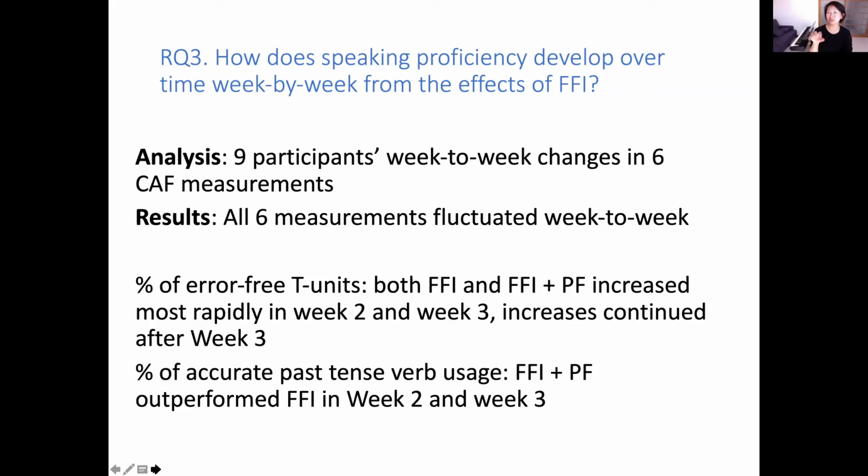I basically chose the average participant from each group, because if I chose the very top performing participant, the way they improve is probably different from participants who are not improving as much. So I chose 3 representative participants from each group, and I compared their differences week to week.